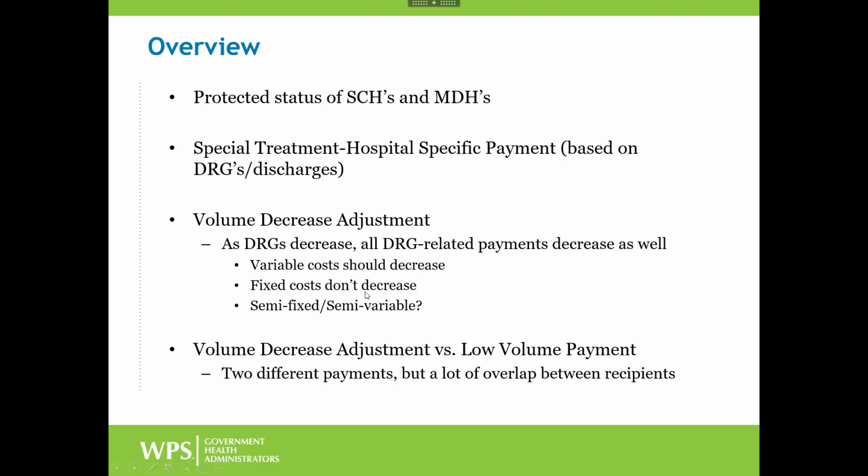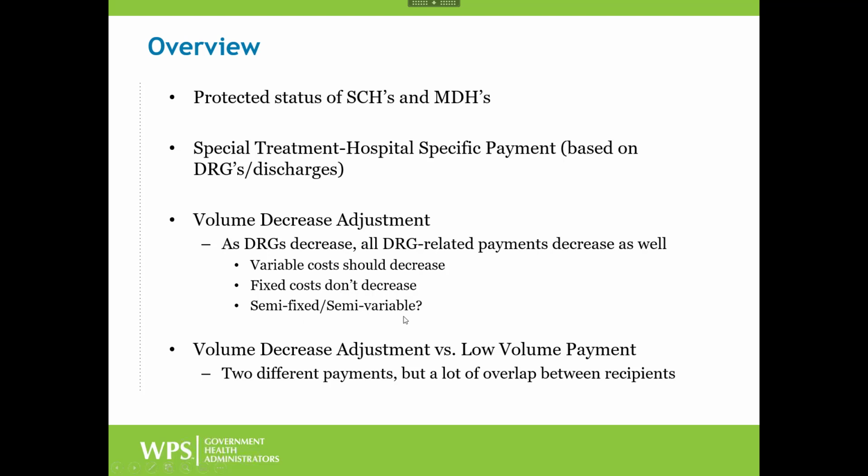So what happens here is you have these DRG related payments. Even if it's a hospital-specific payment, they're still DRG related, discharge related if you will, and they may be insufficient to cover these fixed costs in the short run. So this volume decrease adjustment is intended to help cover some of this. That's the underlying intent for it.